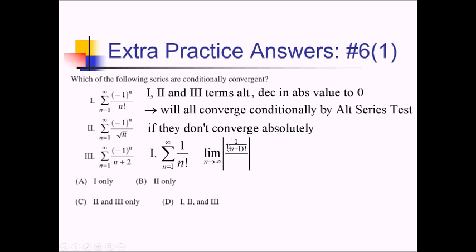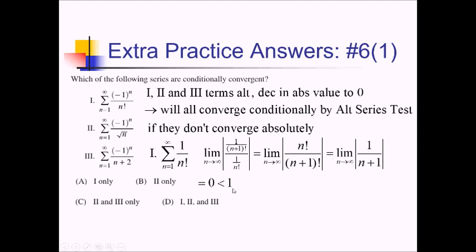That's 1 over (n+1) factorial over 1 over n factorial. Same change flip, this is really n factorial over (n+1) factorial. We know that (n+1) factorial is essentially n+1 times n factorial. So if we cancel out the n factorial, this is all just 1 over n+1. And the limit as n approaches infinity for this is going to be 0.